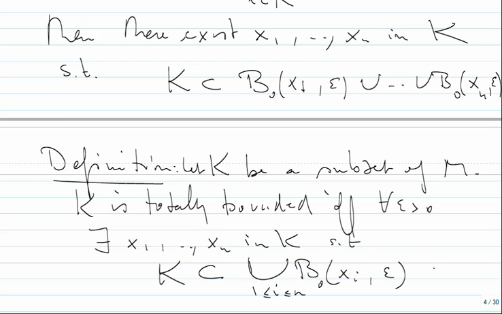Here we can assume that these points x_1, x_2, ..., x_n are in M and not in K, and that is the original, general definition of totally bounded. But since we are studying compact metric spaces in this web note, we know for sure that in the case of compact metric spaces, these elements will be in K. So we are going to restrict ourselves to the case where the elements belong to K.